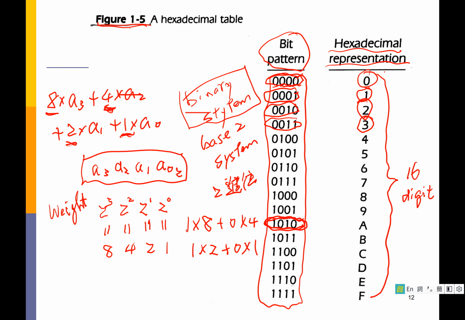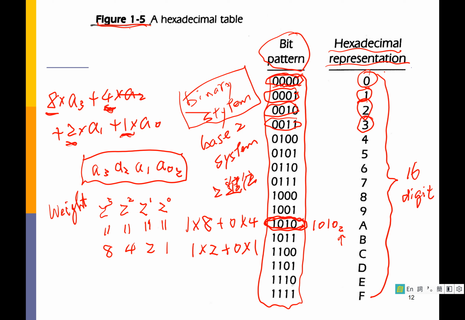So 1010 of base 2 system, which I can rewrite this way, 1010 is a base 2 system. I put a small 2 on the lower right corner here to represent it is a base 2 system.